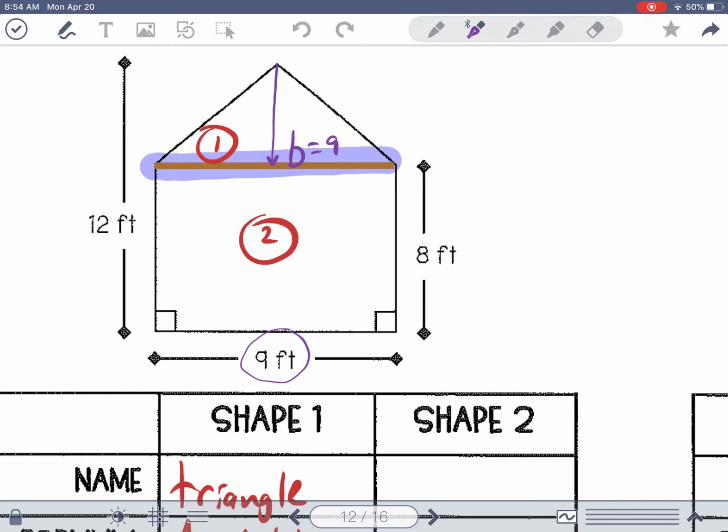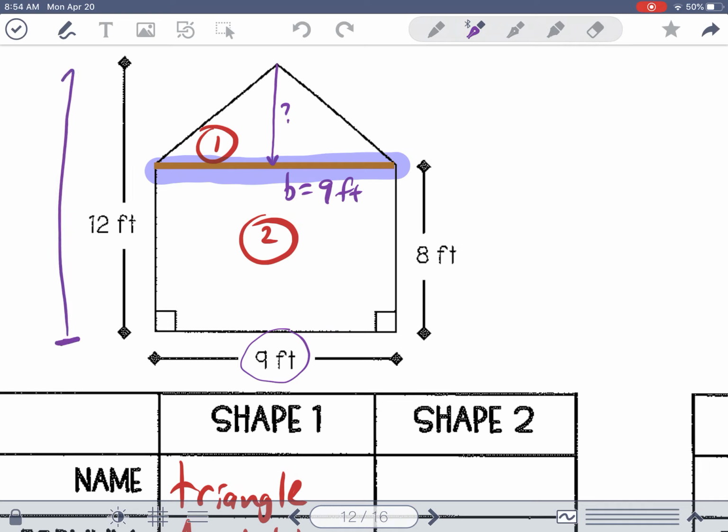Any ideas? Base is equal to 9 feet. That's my base. So this value is what? Let's take a look.